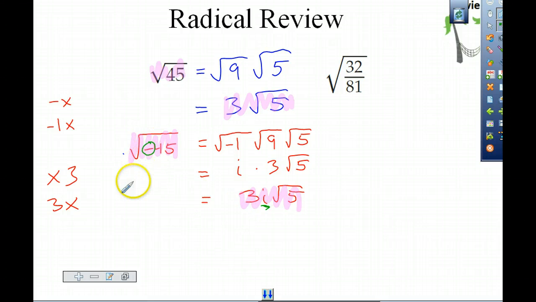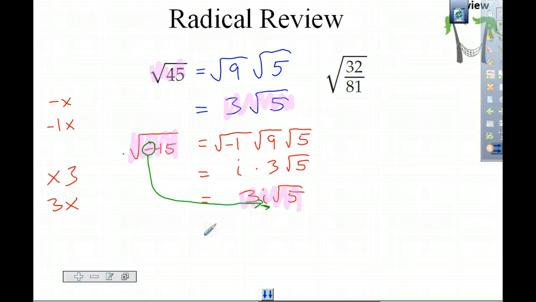So basically every time you have a negative to start, in your final answer you'll see an i. That's the big idea here. Negative square roots are imaginary numbers, the square root of a negative 1. So we'll have this value i in that kind of answer. This is an imaginary number. Because it has an i, it's imaginary.